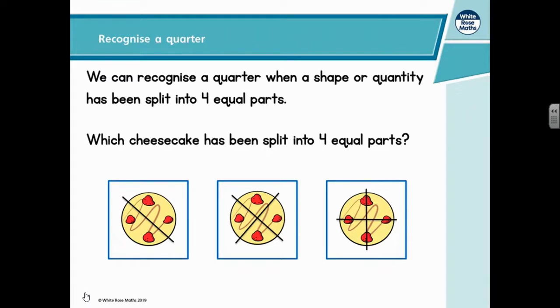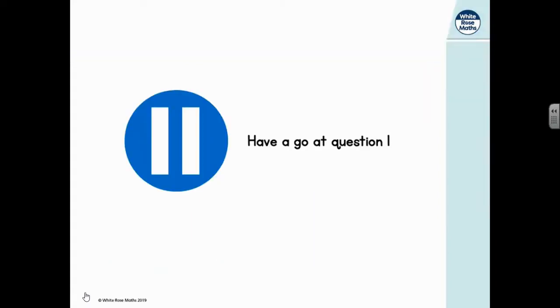The first one has been split into 2 equal parts, not 4 equal parts. But the second one has been split into 4 equal parts. And the third one has been split into 4 equal parts. Pause here and have a go at question 1.